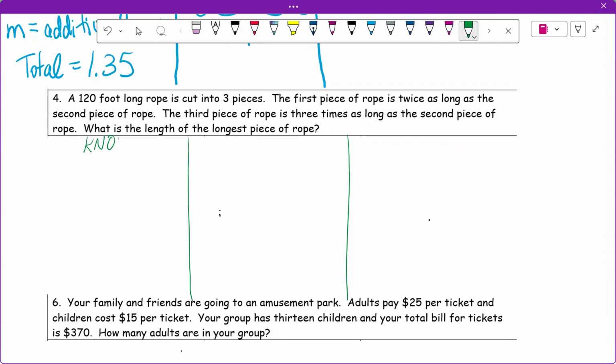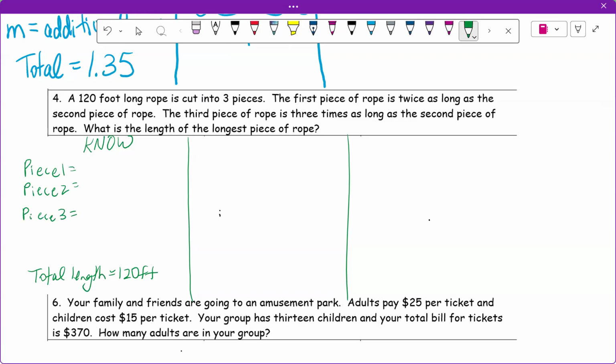What do we know? Well, we know the total length of the rope, right? The total length is 120 feet. And we know there's 3 pieces. Piece 1, piece 2, and piece 3. That's a good start.